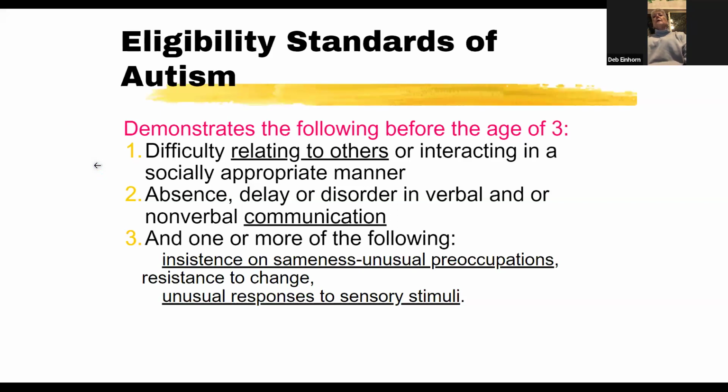For other students, it might be touch. They might overreact to being touched, or be overreactive to another student that touches them accidentally. So those would be unusual responses to sensory stimuli.